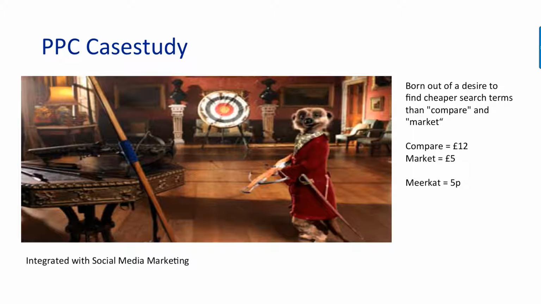So their ad agency came up with this concept that they would do Compare the Meerkat. In order for them to bid through pay-per-click marketing on Compare the Market, it was going to cost them £12 or £5 per click for those particular keywords. But with a little bit of lateral thinking and out of the box thinking, they were able to capitalise on creating their own demand, their own brand around Meerkat, and that was costing them a fraction of the pay-per-click spend.